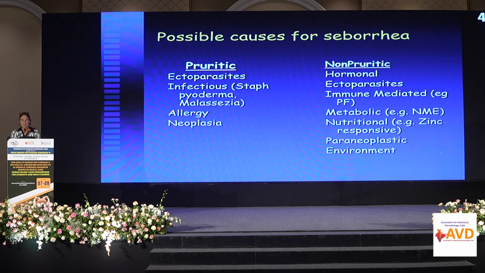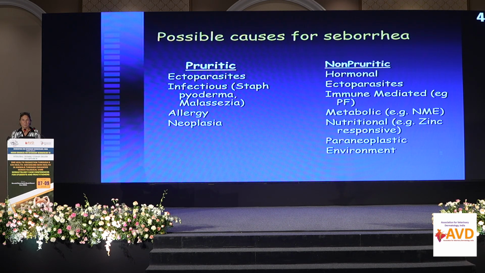So if I have to think in my head what are the possible causes of seborrhea, then I divide them in categories, itchy and non-itchy. So if you look at the list of itchy diseases, it's something that can be itchy by itself, like parasites are itchy by themselves. Anything can become itchy if you have a secondary infection, whether it's bacteria or yeast.